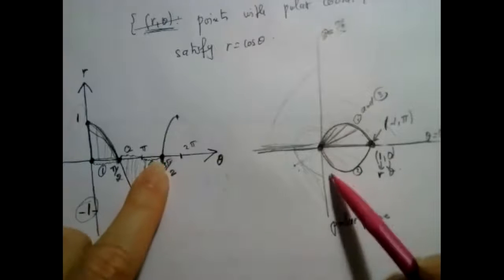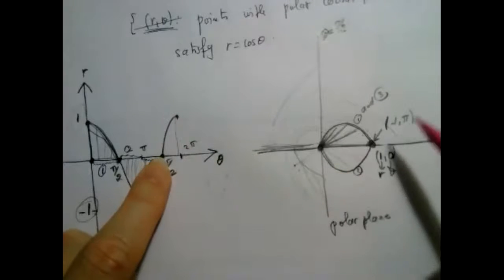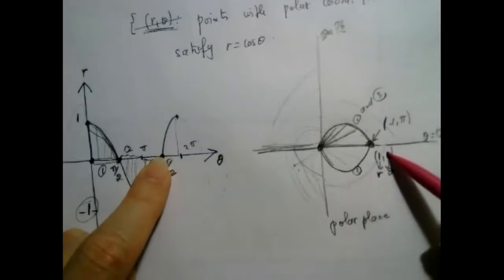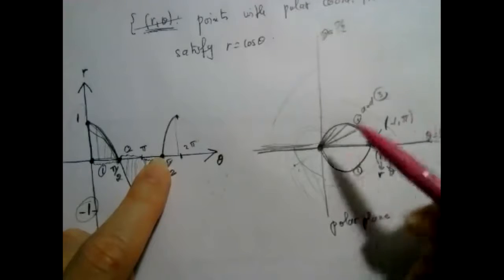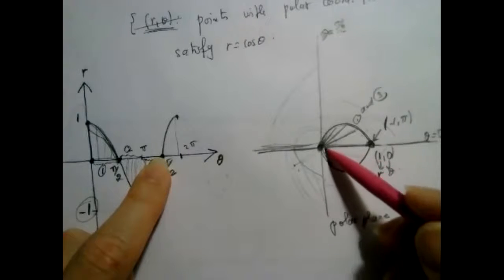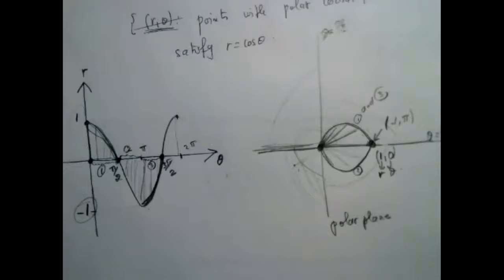Now, between 3 pi over 2 and 2 pi, R is positive. So when theta is in this quadrant, the R is positive. It means the points are in the same quadrant. They are not changing. And then we are at 0, and then my R will increase. Again, the symmetry will make me go around the circle twice. And that would be the graph.